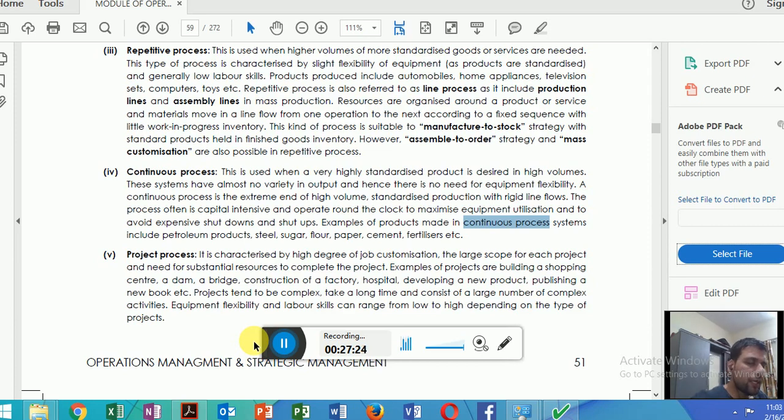So what I can say is that out of the 5 processes, this process is a bit risky. Why is it risky? Because a huge amount of capital is required, and n number of problems can arise, which are similar to the contingent liability in accounts, which occurs but we don't have a forecast that it will occur.